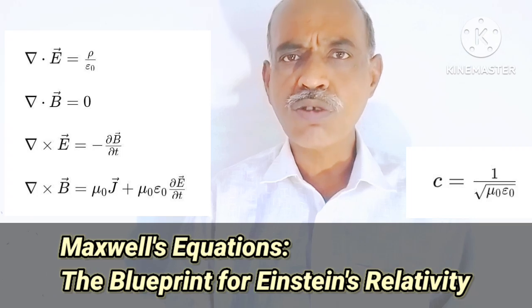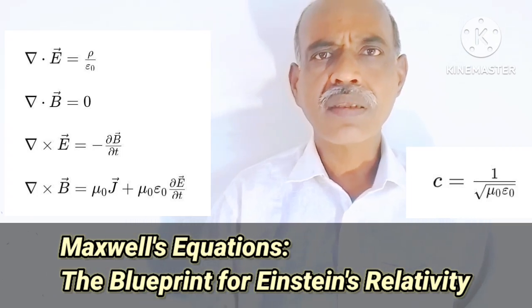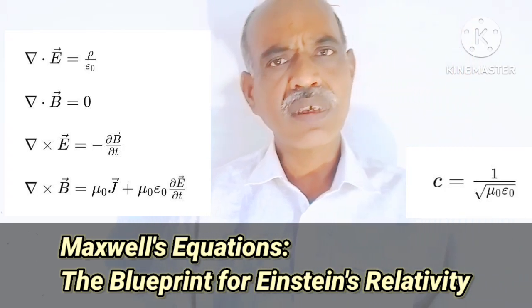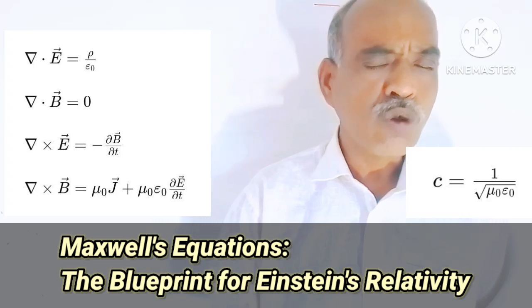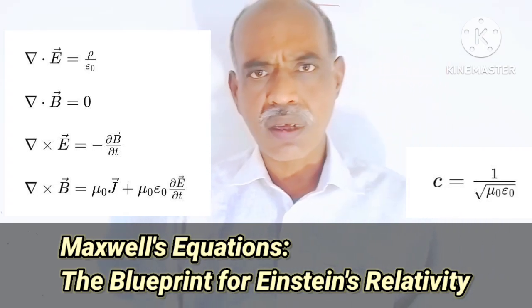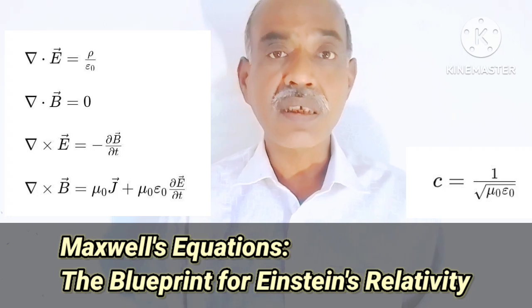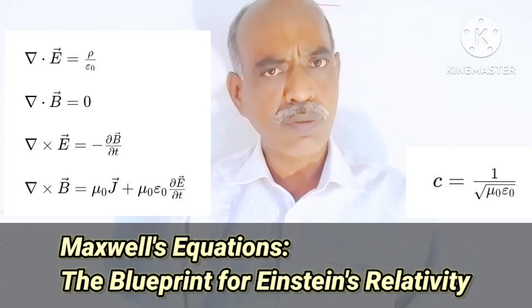He combined all those four equations and discovered the speed of electromagnetic wave, which is given by 1 over root of mu 0 epsilon 0. So you can see the expression for C. C here is not only for light, it is in general the speed of electromagnetic wave.